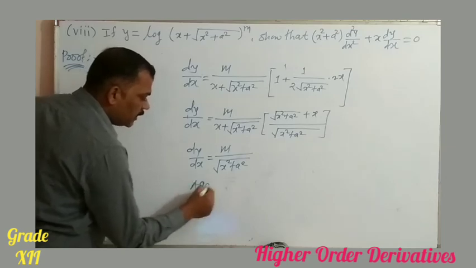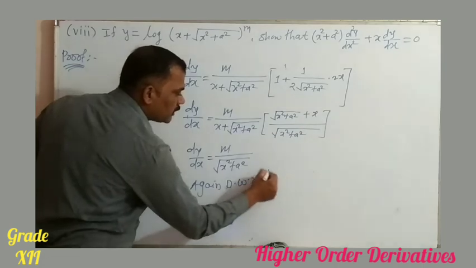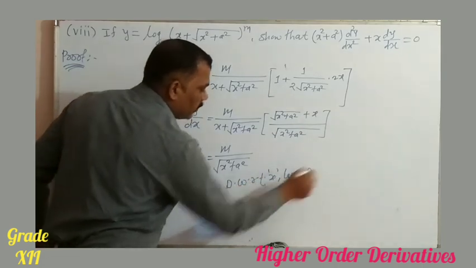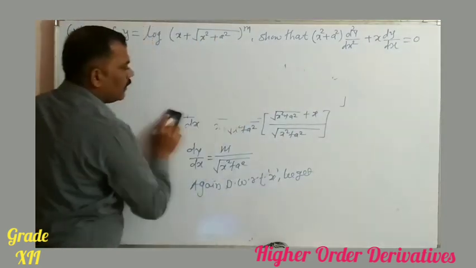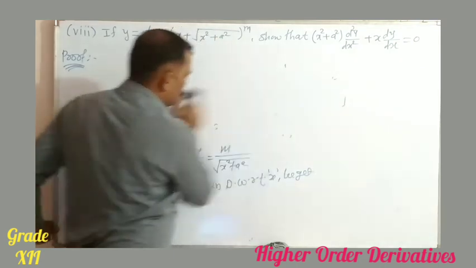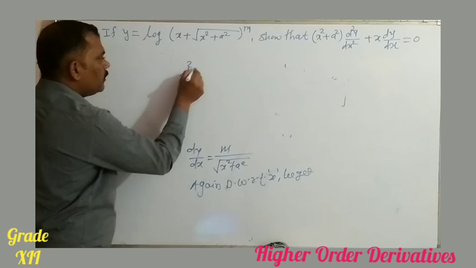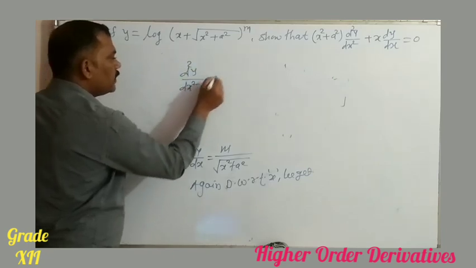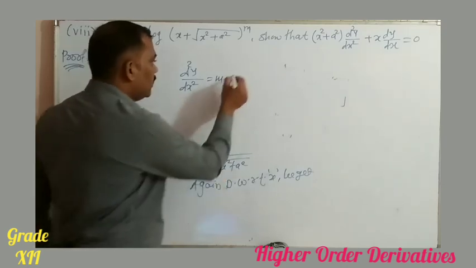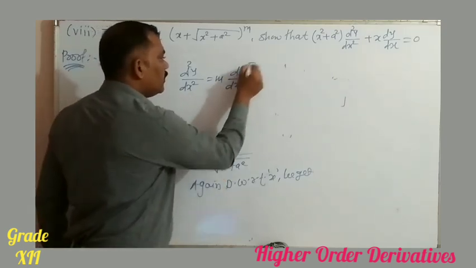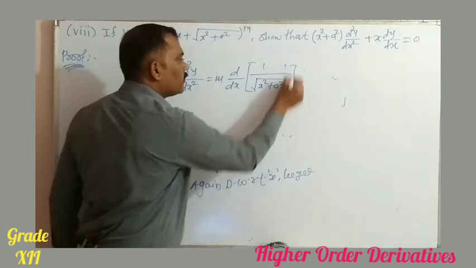Again we have to differentiate this with respect to x. Differentiation of this dy by dx is nothing but d2y by dx square is equal to m into differentiation of this, 1 upon root of x square plus a square, that is d dx of 1 upon root of x square plus a square.